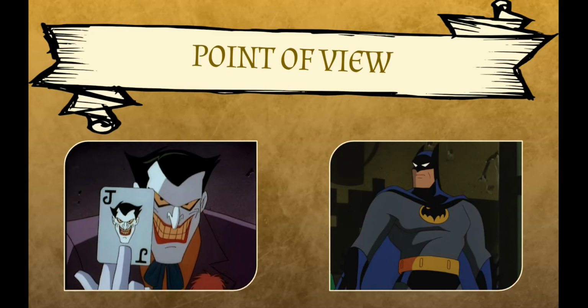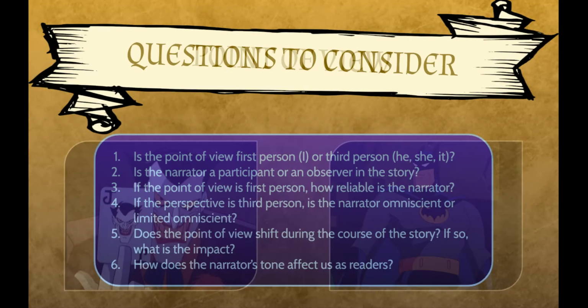But we're also probably going to get some justifications for crimes and all of that. Whereas if Batman is telling the story, it's going to take on a much more serious tone, focused on ideas like justice. So keep that in mind as you're looking at point of view.